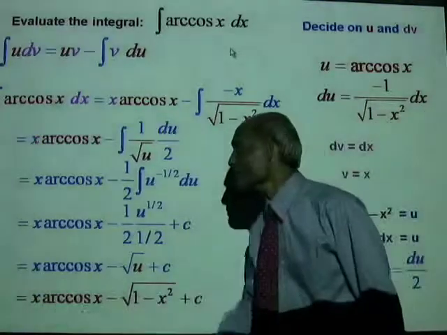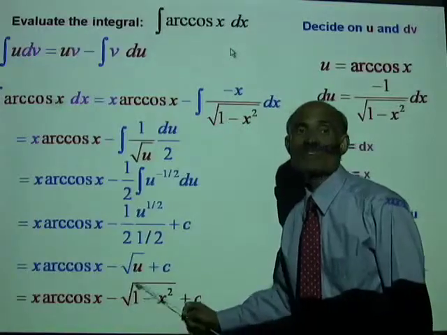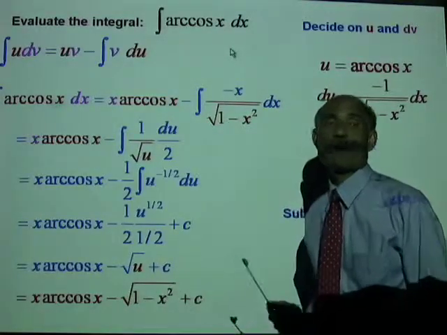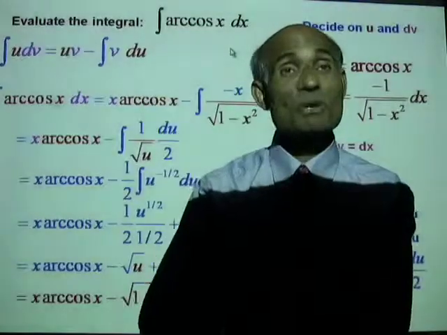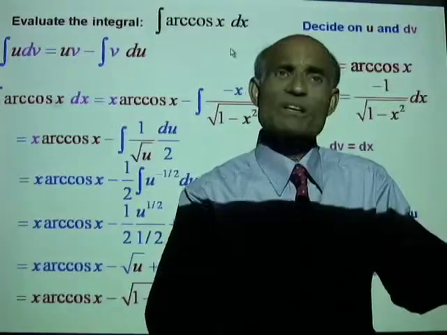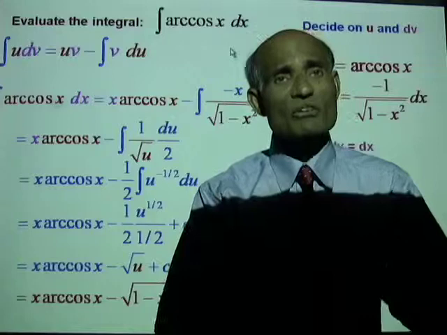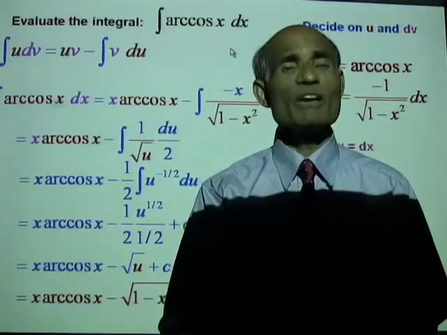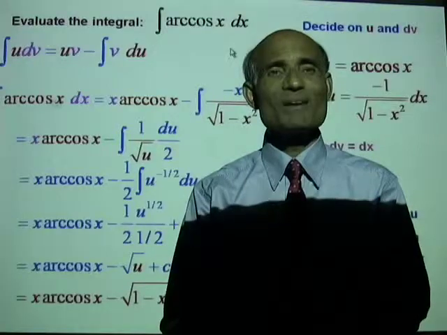So our answer therefore is x arc cos x minus square root of 1 minus x squared plus c. And that is a typical type of integration. And I want you to go back and pick some of these problems from the homework and practice this on your own. A very good method of integration by parts.